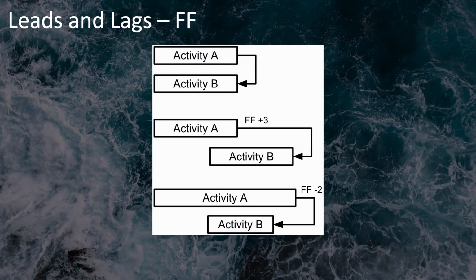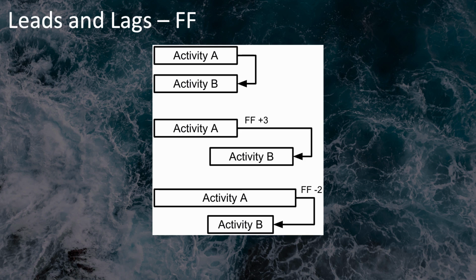This diagram shows a finish-to-finish relationship between activity A and B. Note here that the arrow is connected on the right-hand side, which is the finish or end side of the activities. If you want to introduce a lag of +3, then you can move activity B over by 3, and then also add the FF +3 notation to the arrow.